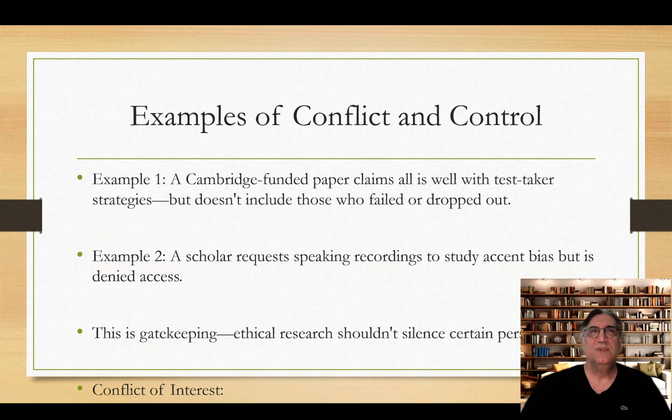That refusal makes it impossible to conduct a balanced critical study. This isn't just about methodology, it's about power. Conflict of interest arises when research conclusions benefit the funder. Ethical publishing requires that all such ties are disclosed.